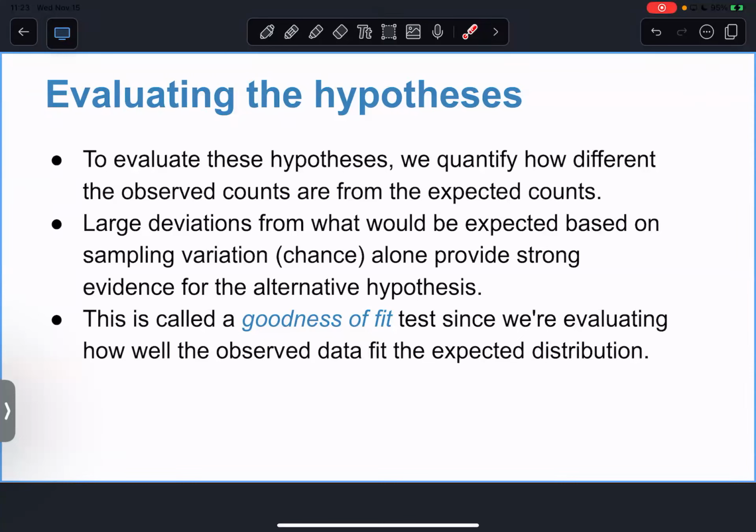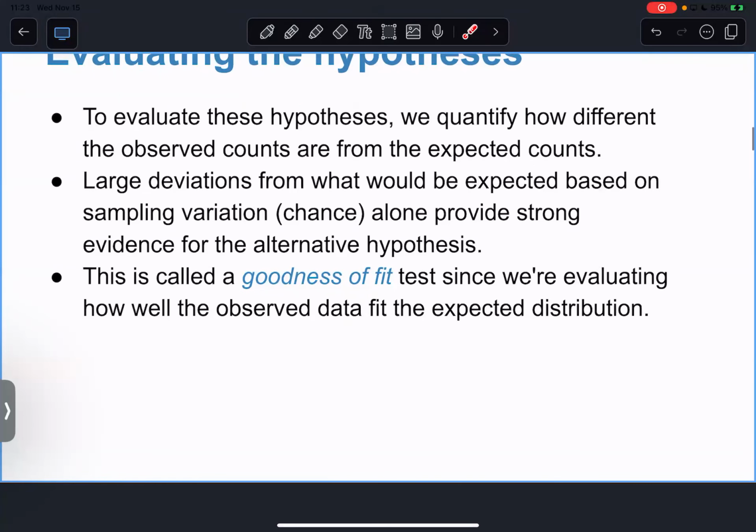We're expecting some movement around that horizontal line of the expectation, but not a lot. And so if we find that there's a large distance between the observed and the expected, then that's evidence against the null hypothesis. And so hence the term goodness of fit. It's called a goodness of fit test since we're evaluating how well the observed data fit the expected distribution.